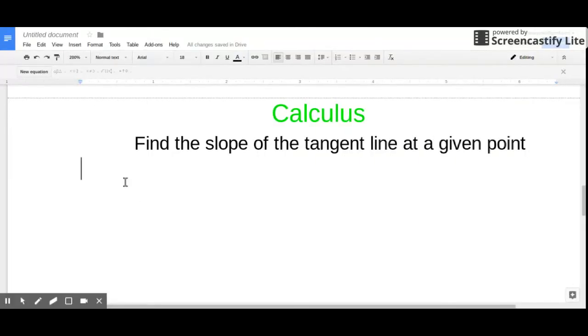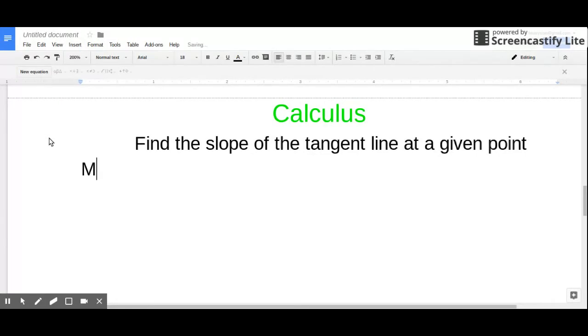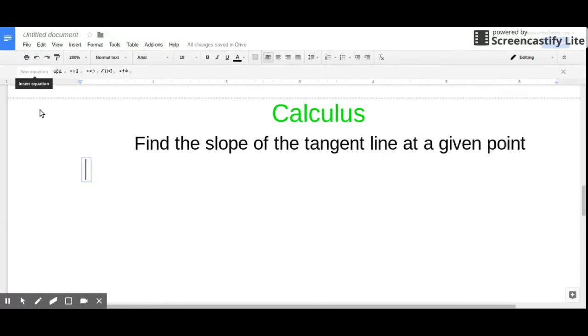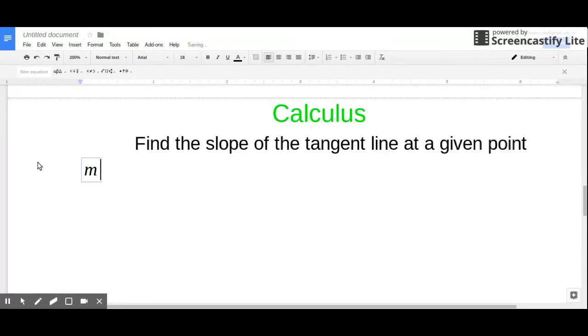So the first thing we're going to do is write out the function. We'll call it m, let's use capital M. So M of x is equal to x plus 1.